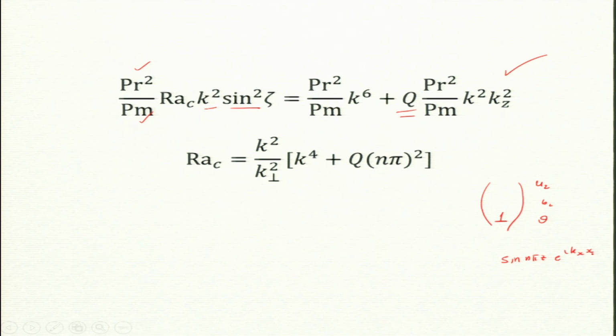In fact, it is not a 3D system, it is a 2D system, with u2, b2 and theta in the x-z plane. So, we can draw this plane and draw the structure. I have not done that work, but we can do it.